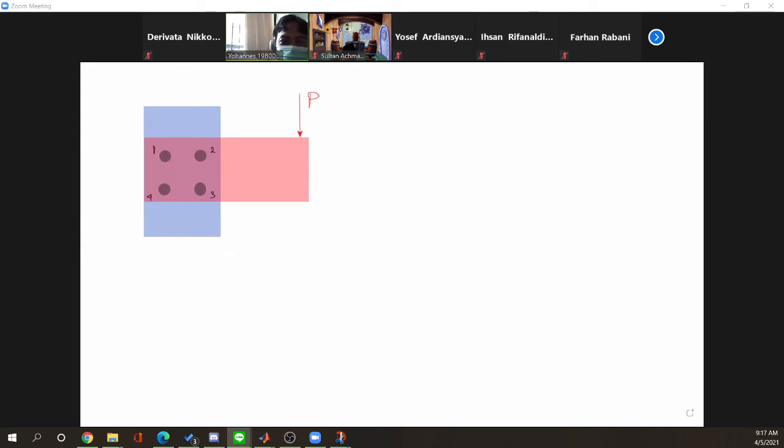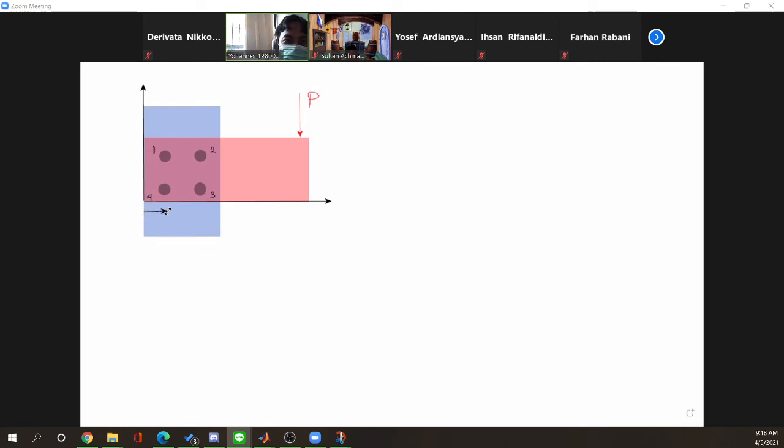And we can use the geometry calculation for this if we consider that this is the x-axis and here we have y-axis. Then we can measure the position of each rivet.